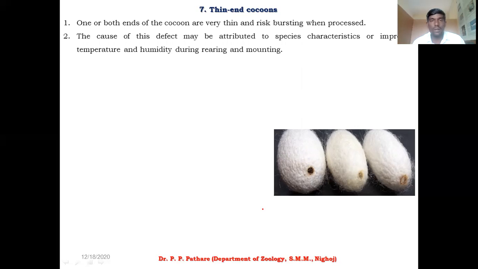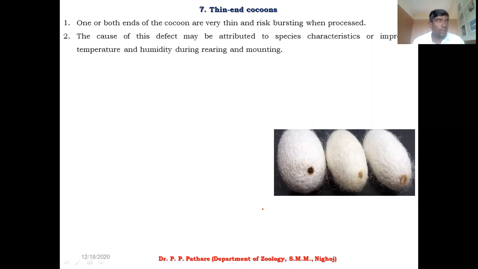So it is your duty to sort out as per their characteristic. This type of problem happens because of the species variation of silkworm, or immature, or not providing the proper temperature and humidity during the rearing and molting.